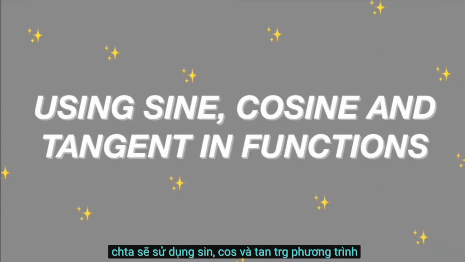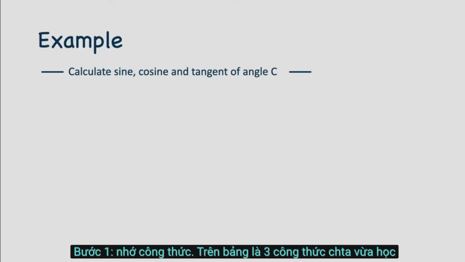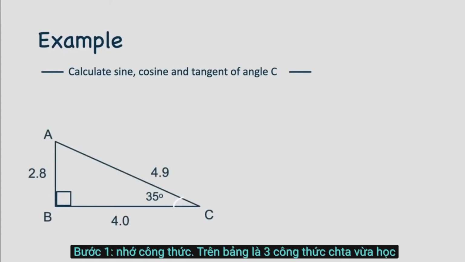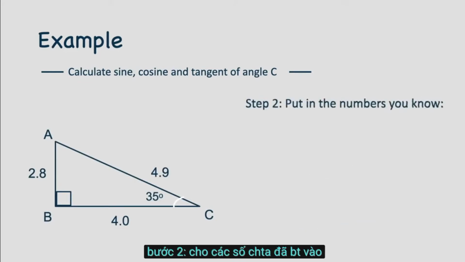So next, using sine, cosine, and tangent in functions. So example, calculate sine, cosine, and tangent of angle C. So step 1, you know your formulas, and these are the 3 formulas that we have discussed. So step 2, put in the numbers.